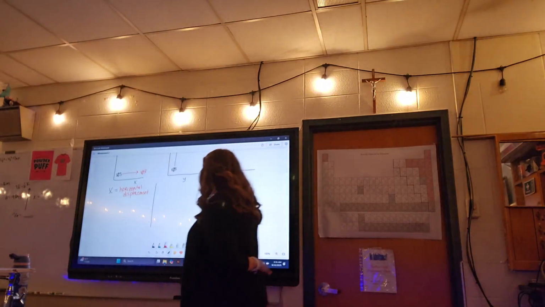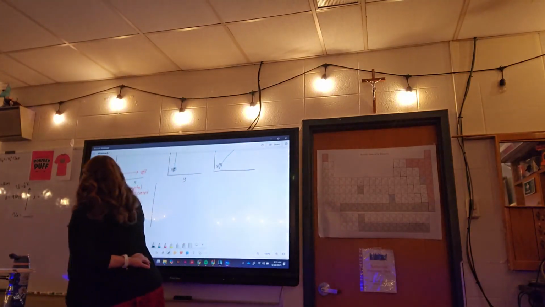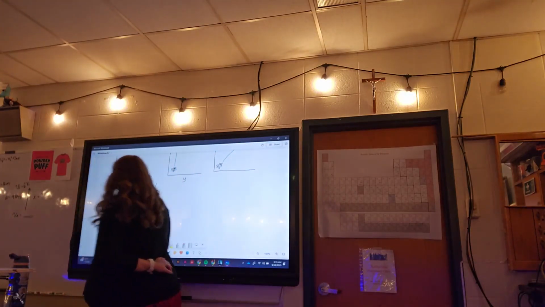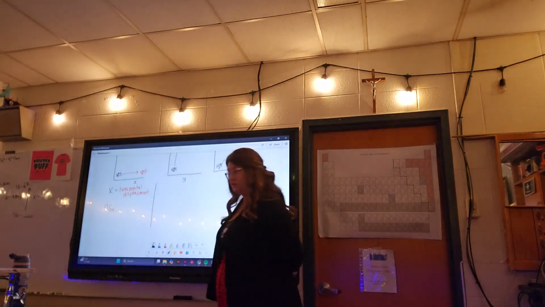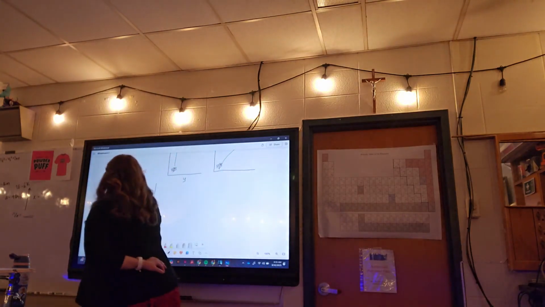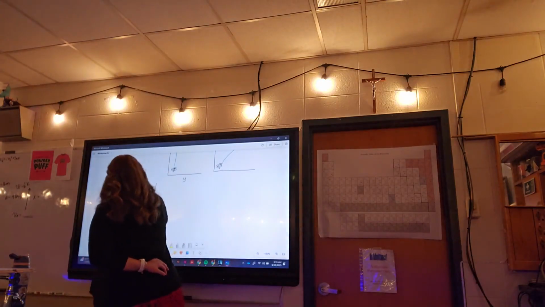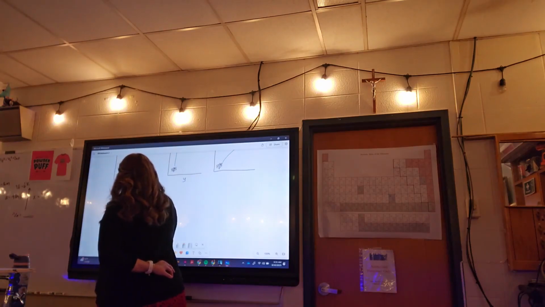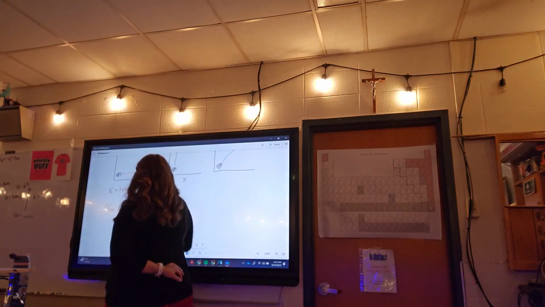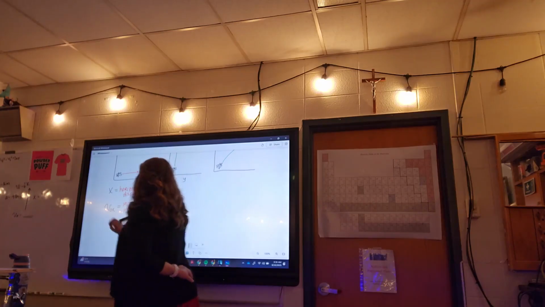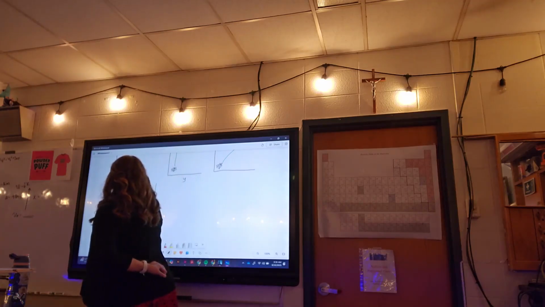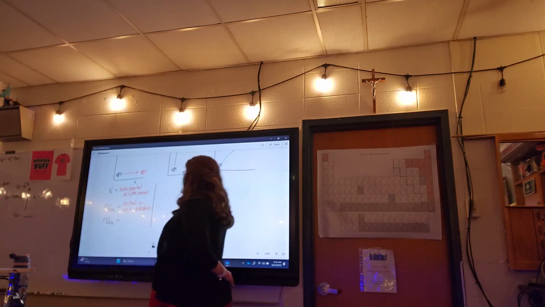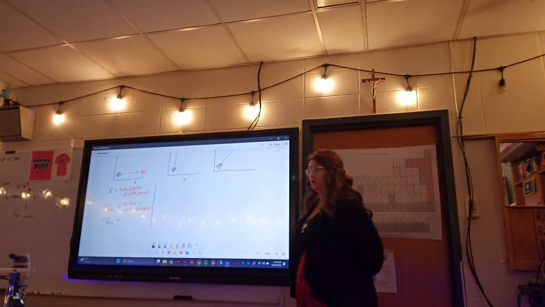You will have the initial velocity in the x direction. You'll also have your final velocity in the x direction, which most of the time we don't know.